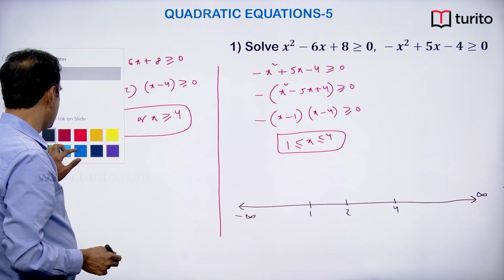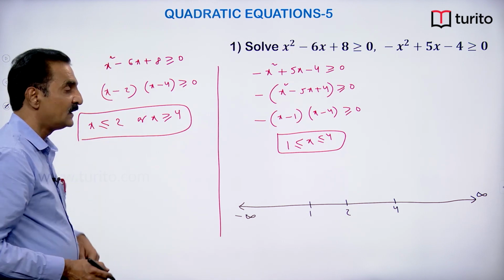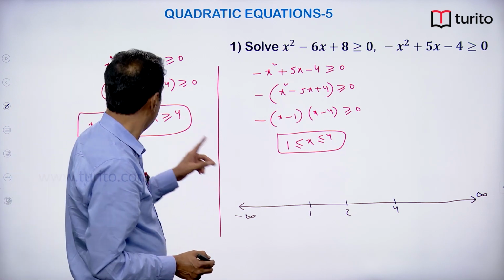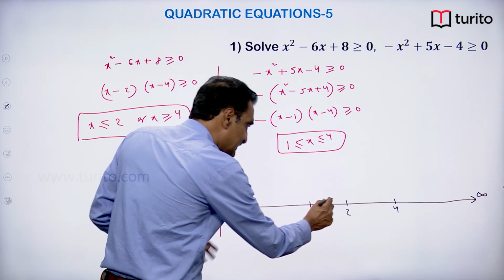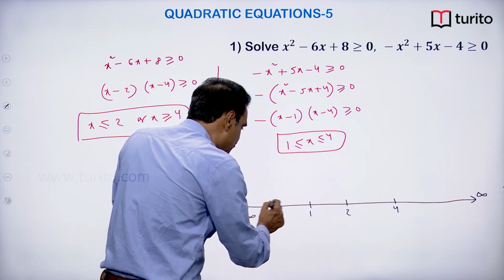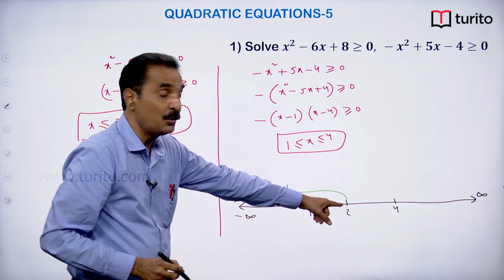The first interval is less than or equal to 2 or greater than or equal to 4. Less than or equal to 2 means minus infinity to 2, including 2.